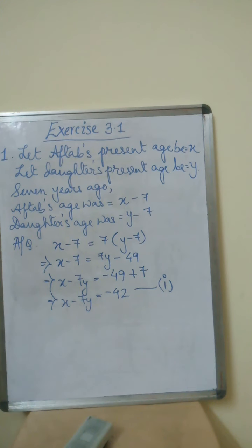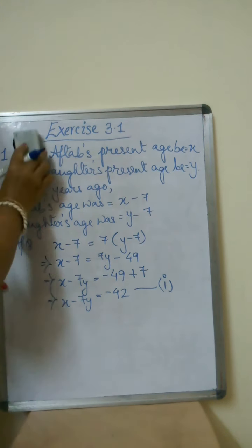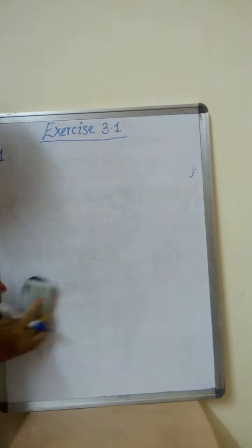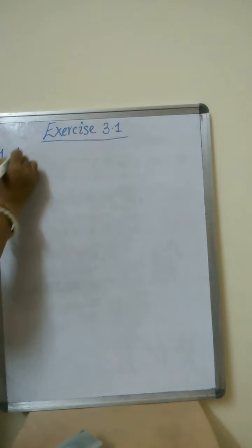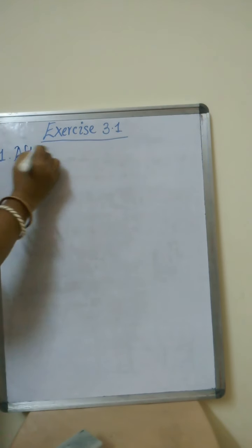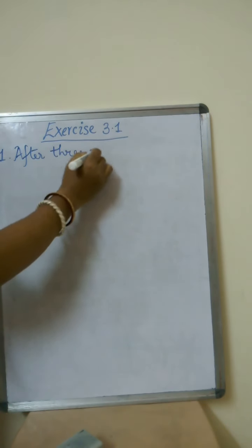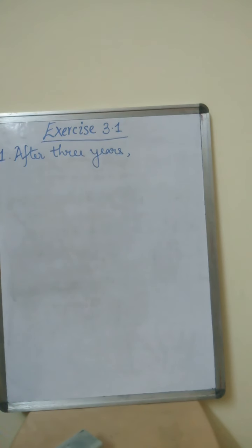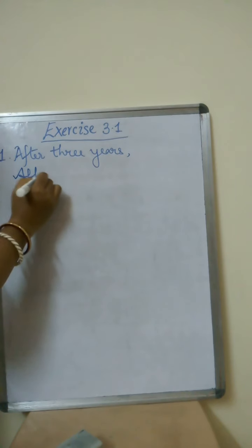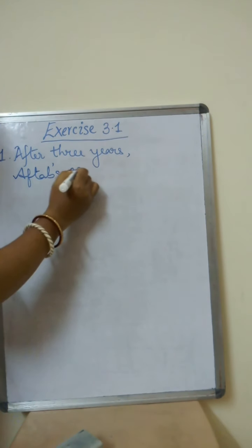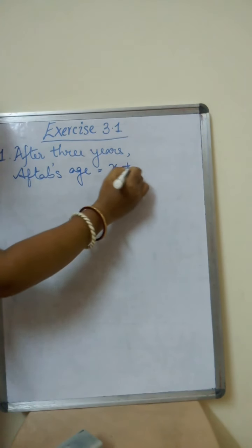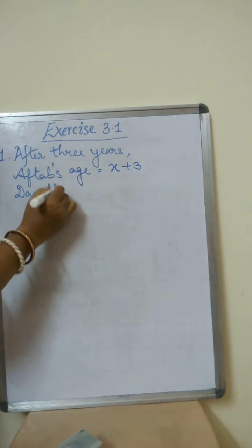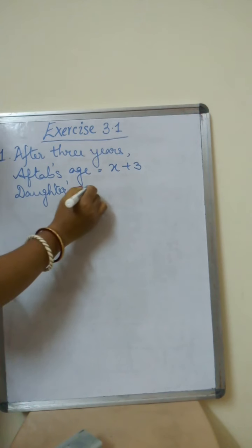Now we come to the next part. It is said that after 3 years, what will be the ages? After 3 years, Aftab's age will be X plus 3 and the daughter's age will be Y plus 3.